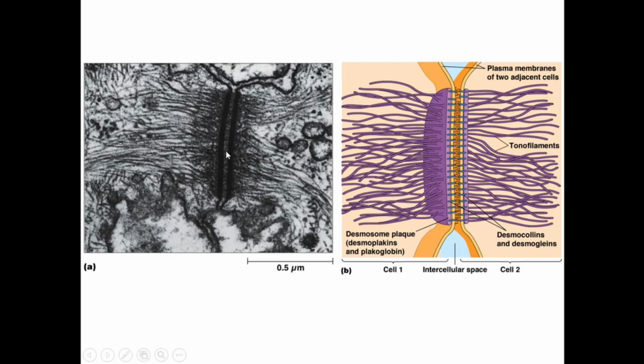Again, you see the real picture of the desmosome junction, and also a schematic picture of these real structures by TEM. You can see the intermediate filament attached to these junctions.